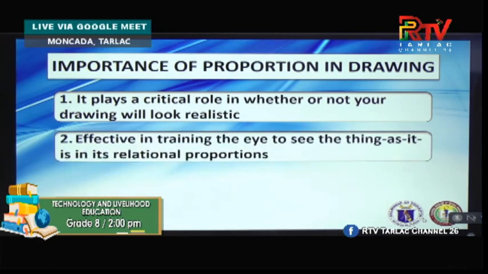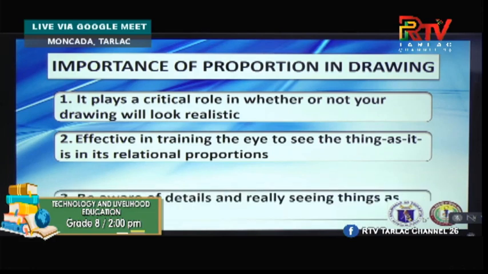Number two, it is especially effective in training the eyes to see the things as it is in its relational proportion. Realistic drawing depends heavily on proper proportional correctness, and individuals whose job require close estimation of size relationship develop a great facility in perceiving proportion.